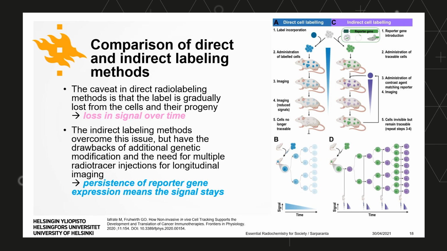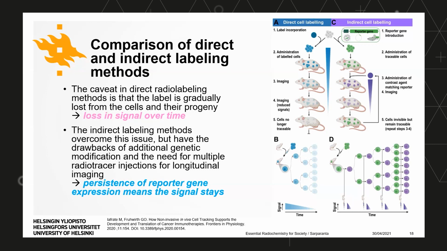However, the transgene-based indirect labeling methods do overcome this issue of the loss in signal intensity over time, but there is the drawback of having to do more additional genetic manipulation of the cell, and the need for multiple radiotracer injections for longitudinal imaging of the effects and persistence of the cell populations.